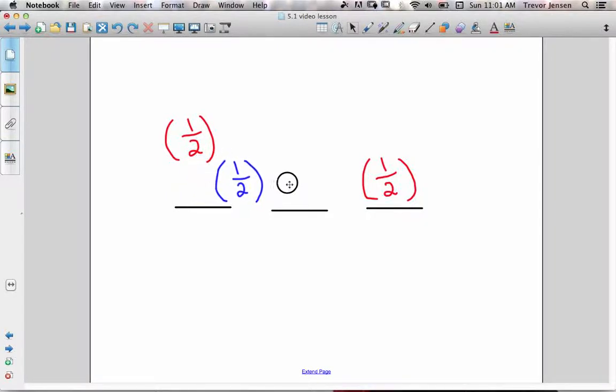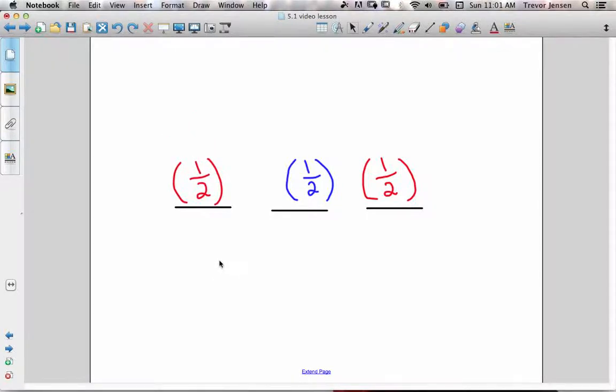I won't rearrange this too much because it'll take too long with the lag. But I could rearrange it like this. I could get tails and then heads and then tails. Or I could get tails and then heads.